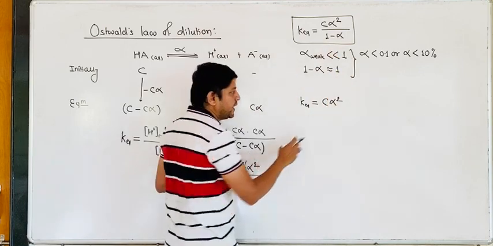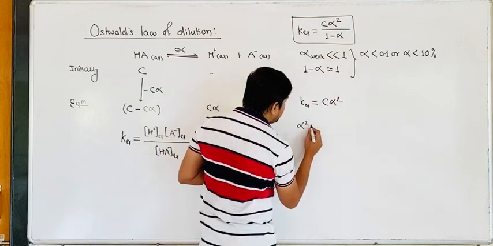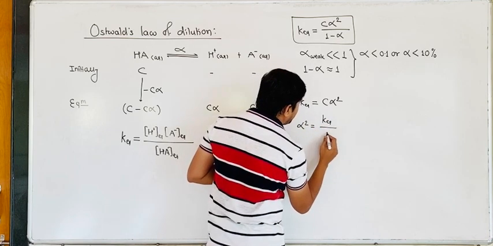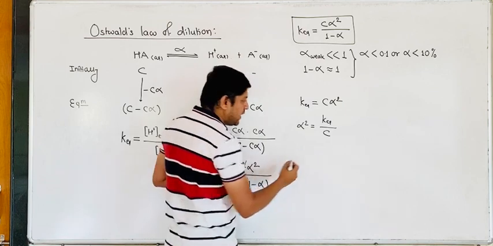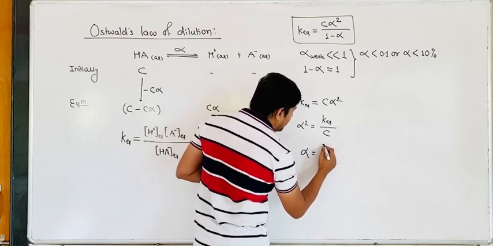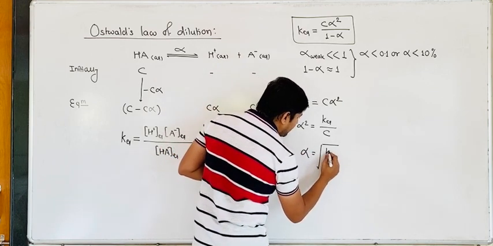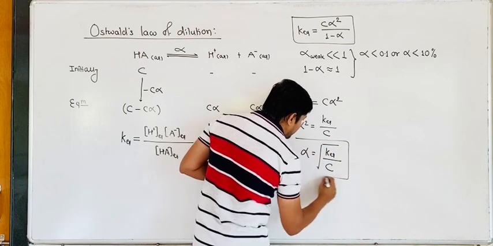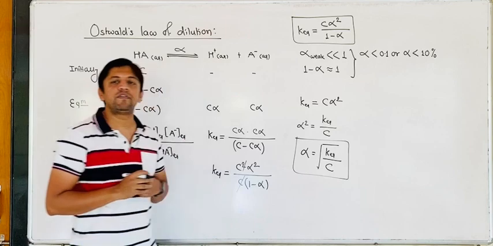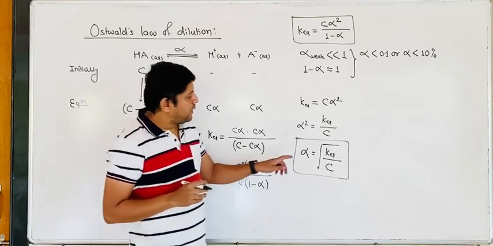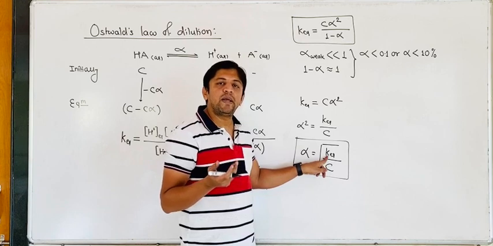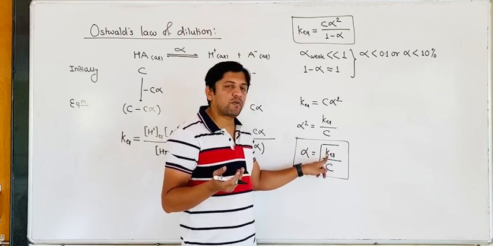Alpha square is equal to this equilibrium constant divided by concentration C, and alpha is equal to square root of K equilibrium divided by initial concentration of electrolyte C. Now equilibrium constant is a constant which depends on temperature. So value of K is constant.